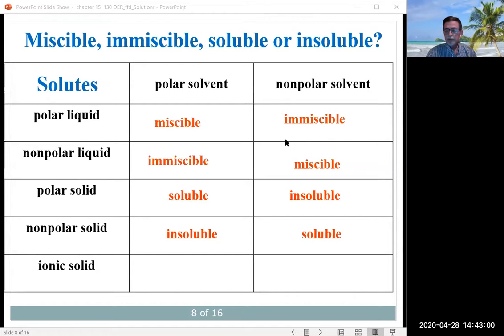We first have to remember an ionic solid would imply metal, nonmetal. And when we're dealing with a polar solvent, we check the solubility rules to find out if it's classified as soluble or insoluble. And then obviously with an ionic compound, which is very polar, and a nonpolar solvent, totally insoluble. All right.